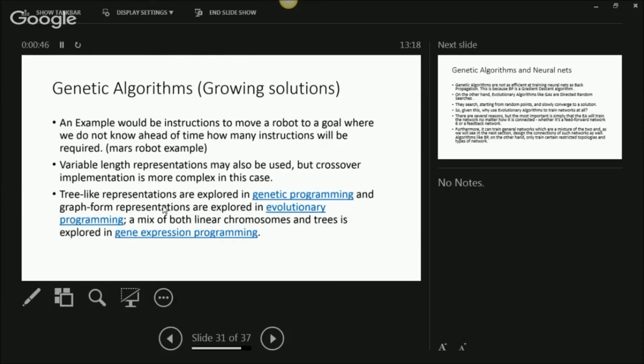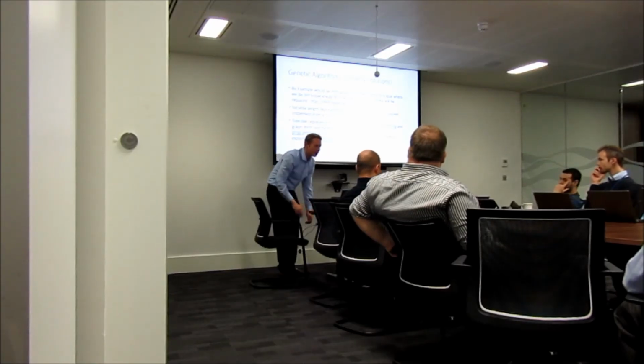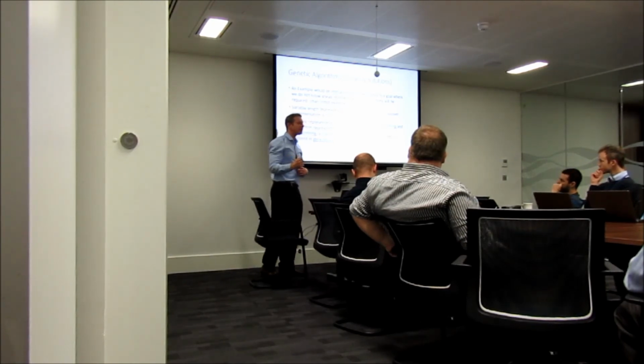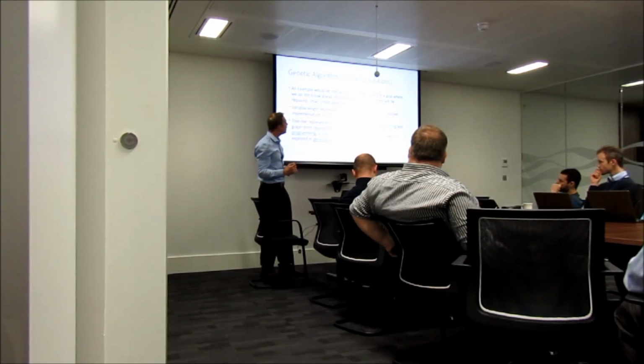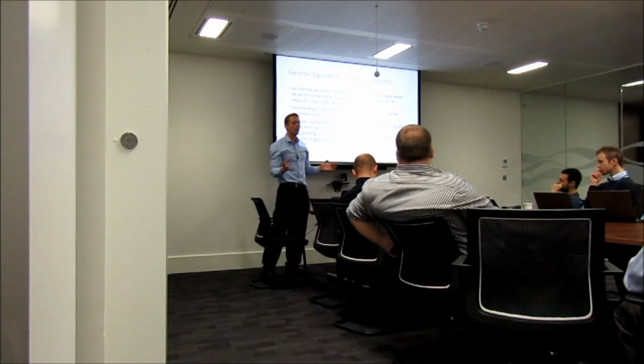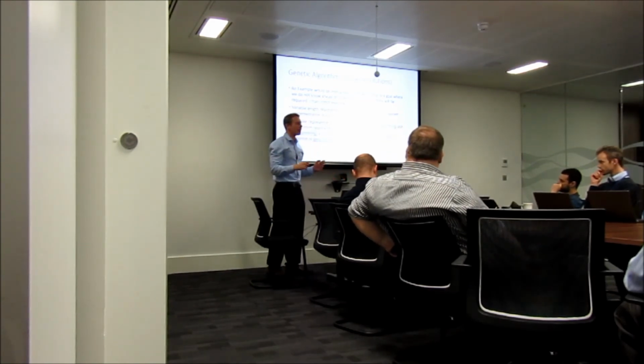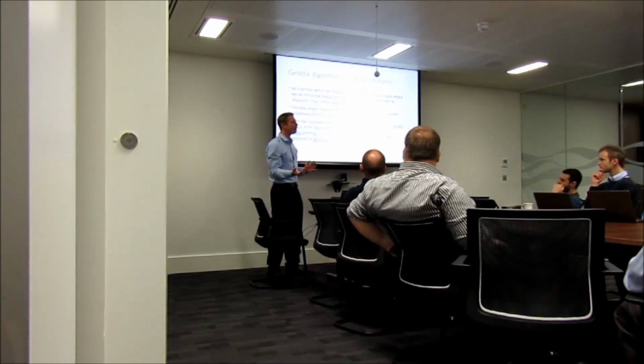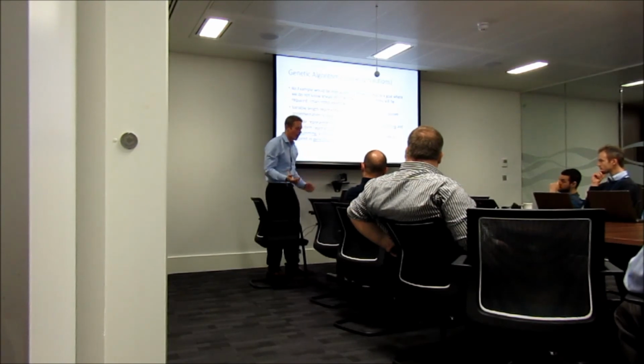Another thing we could mention is chromosomes can also grow. So for example, if we wanted to evolve a solution for our Mars rover, imagine we wanted our Mars rover to cover every square, and there would be a penalty for covering a square twice or not covering a square.